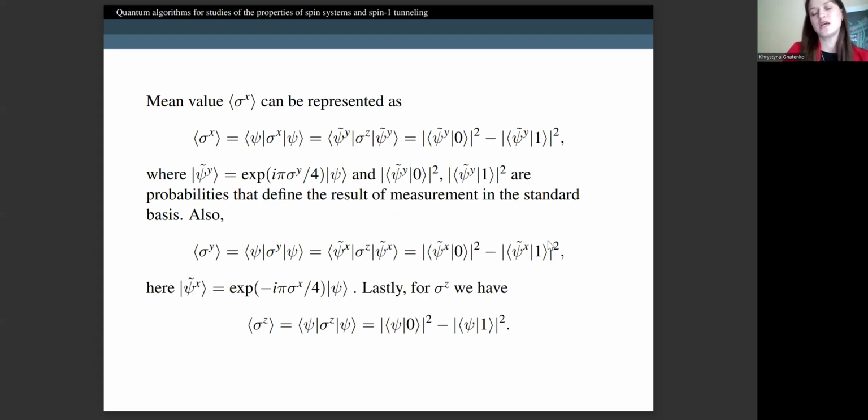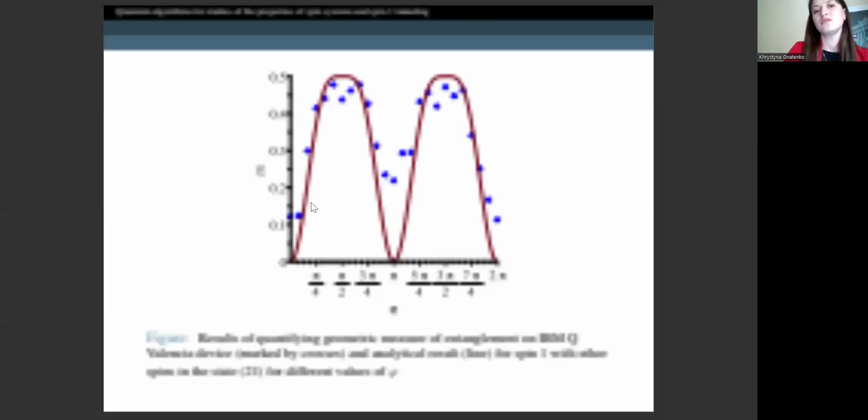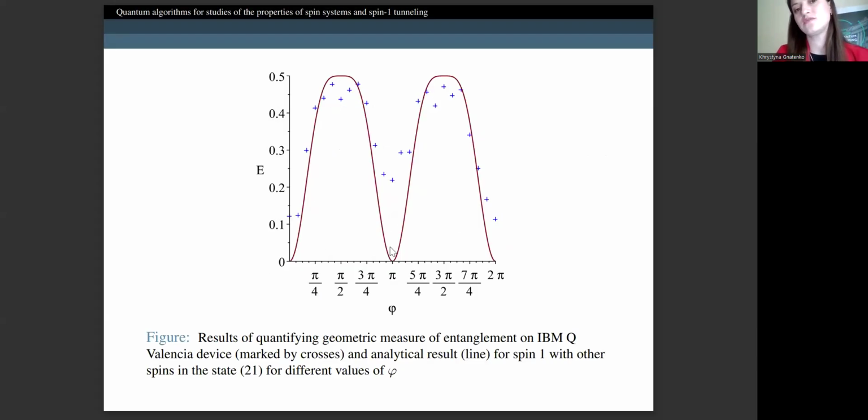So we can use measurement in standard bases to obtain these mean values, and we obtain these results. The crosses correspond to the results of quantum measurements, and the line represents the results of theoretical studies.